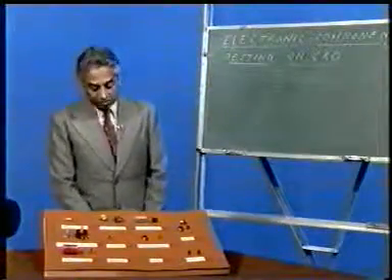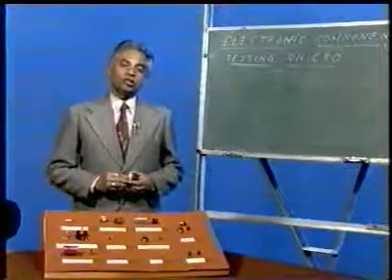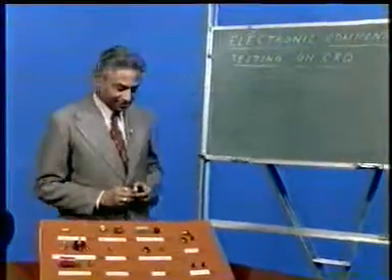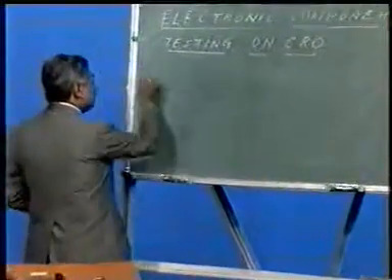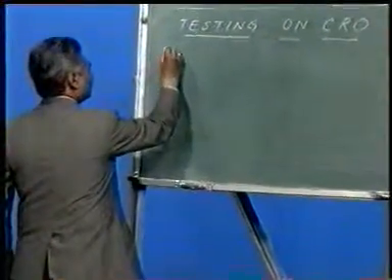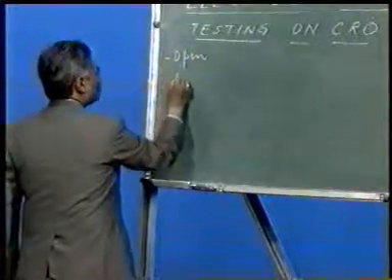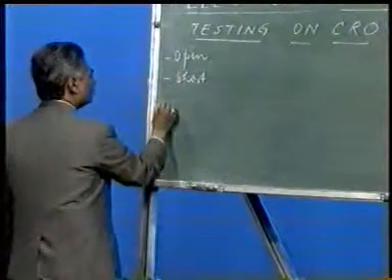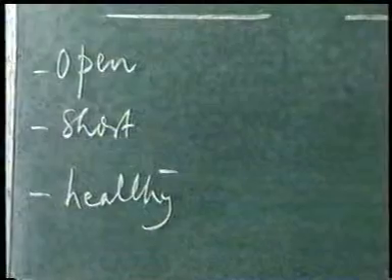Now when we see these components on a CRO, we have to know 2-3 basic things. Let us see. First, any component can be either open or short, and if it is not open or short, it has to be healthy.